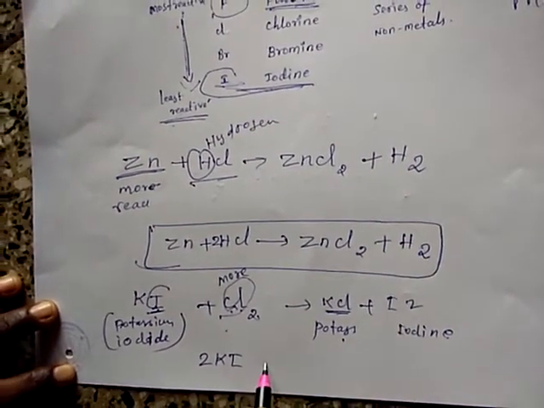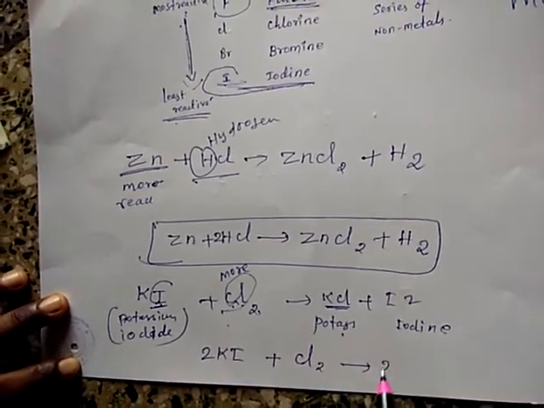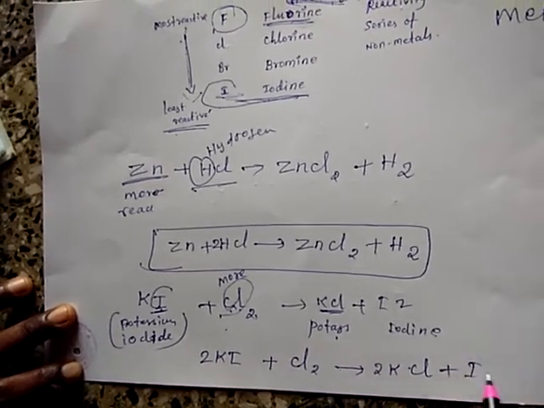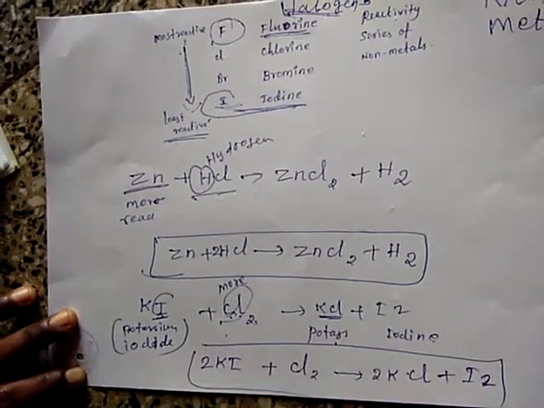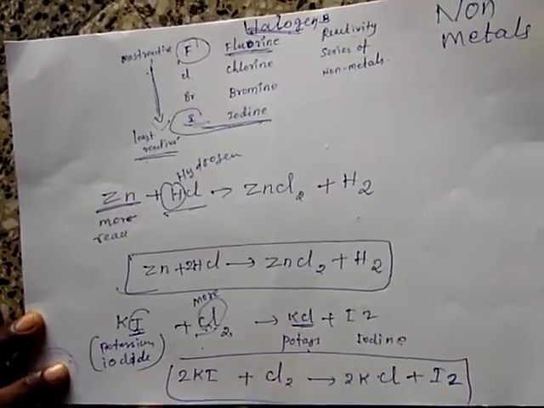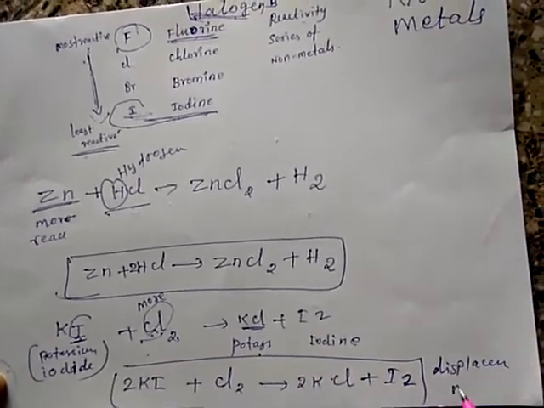Balanced equation: 2KI plus Cl2 gives 2KCl plus I2. So here we have displacement of a non-metal.